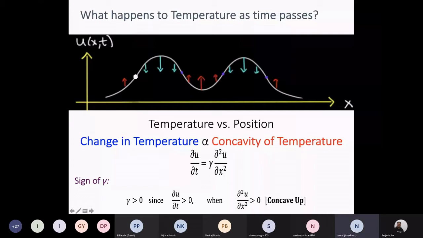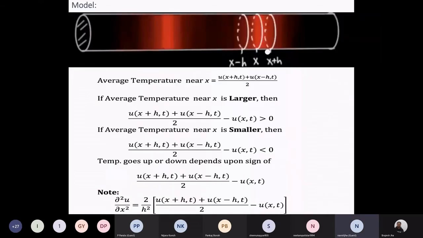Next, I just analyze it mathematically. Suppose this is the rod and there is a location called x, and the next location is at a distance h, which I have denoted by x plus h, and the left location is x minus h. So the average temperature near x is the temperature on the right side, u at x plus h, plus the temperature towards the left, u at x minus h, divided by 2.